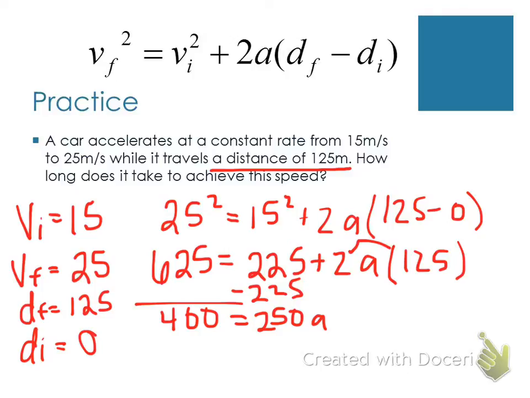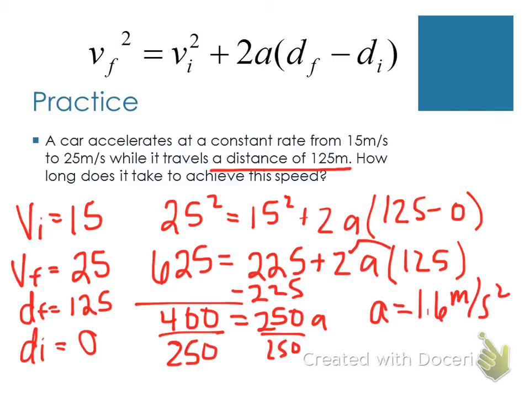Then we can divide over that 250. So a is equal to 1 point what? 6 meters per second squared.